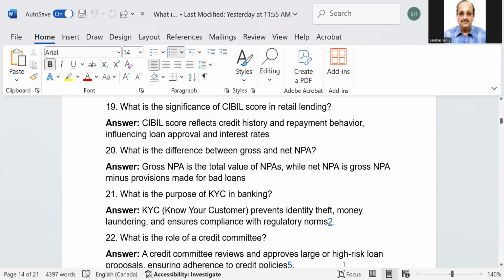You can also know the types of guarantees as performance guarantee, then finance guarantee. These two things, there are so many other guarantees like bid bond guarantee and all.